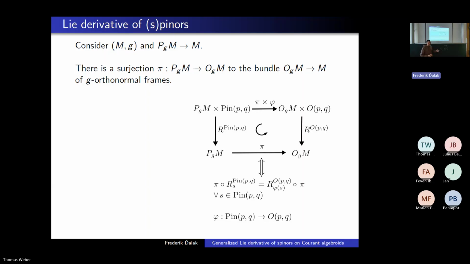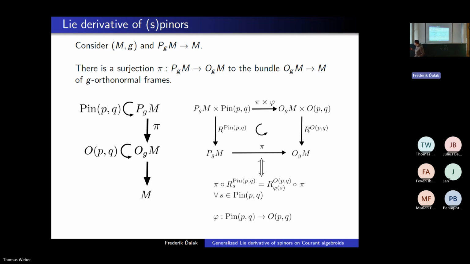Extending this along the manifold, pi is a double cover of the total space of the orthonormal frame bundle by the total space of the pin bundle. So we essentially have a tower of principal bundles over our manifold with two floors: the orthonormal frame bundle on the first floor, the pin bundle on the second floor, and the surjection pi in between them.